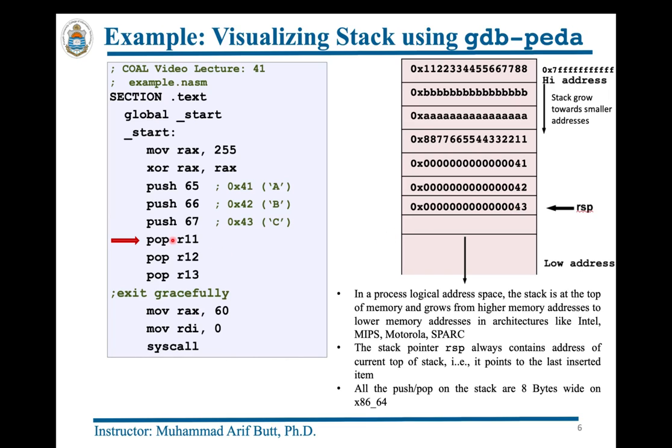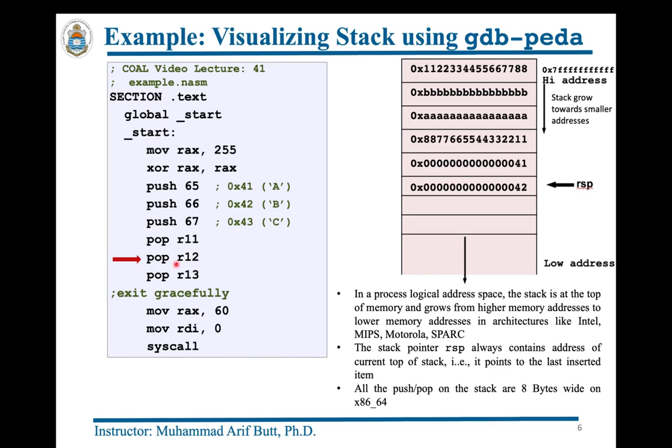And meanwhile, after every pop, this RSP will move to its previous location, that is 8 bytes up towards higher addresses. So first we will do a pop R11. So this 43 will be removed from the stack, placed in R11, and this RSP will move up.